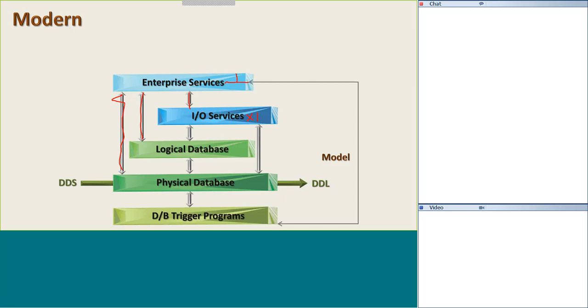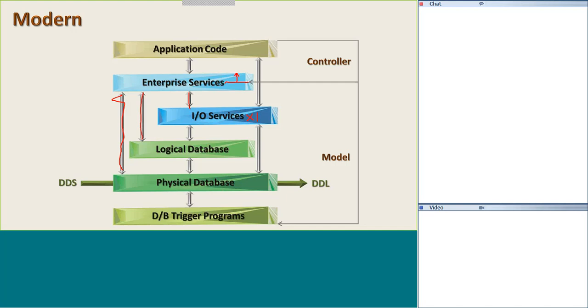The piece above, of course, is part of your application code, which forms the controller. So your application code makes use of enterprise services and I/O services, and therefore, as you can see, has no direct access to the physical database and or the logical database.